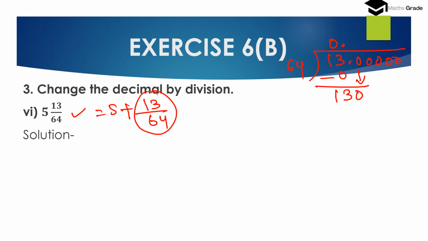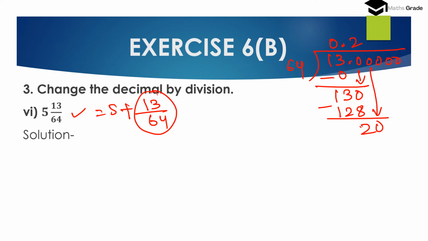Now in the table of 64, if we multiply 64 with 3, 3 6 is 18, which is more than 130, so we have to multiply 64 with 2. 64 multiplied with 2 is 128. Now 130 minus 128 is 2. Now write this 0 here. If we multiply 64 with 1, then it will be 64, which is more than 20.